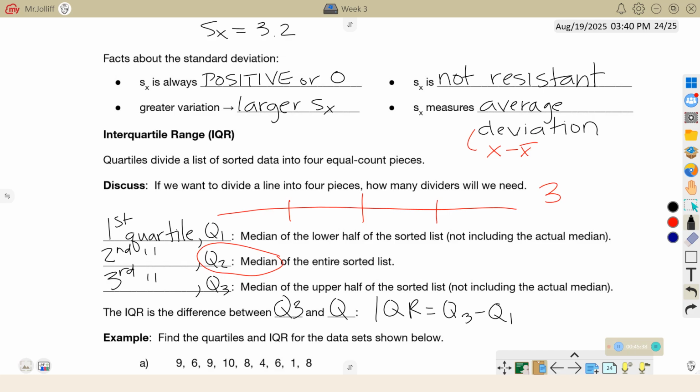What it is calculating is the width of the middle 50% of your data. Because up here in this picture, here is Q1, here is Q3. I know each chunk is 25%. The distance from Q1 to Q3 is the middle 50.